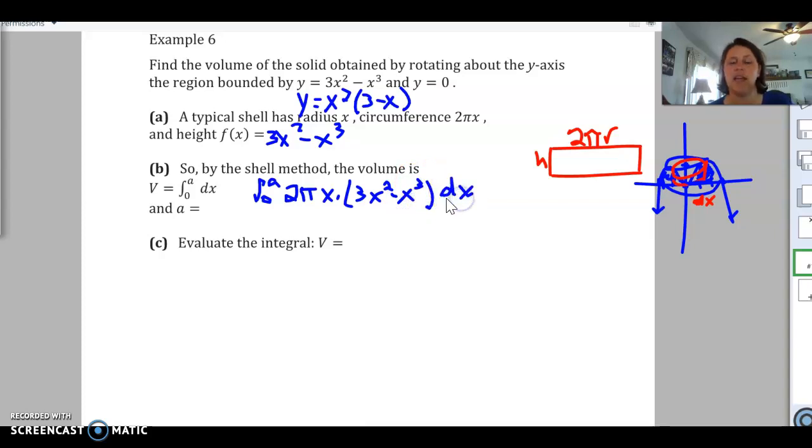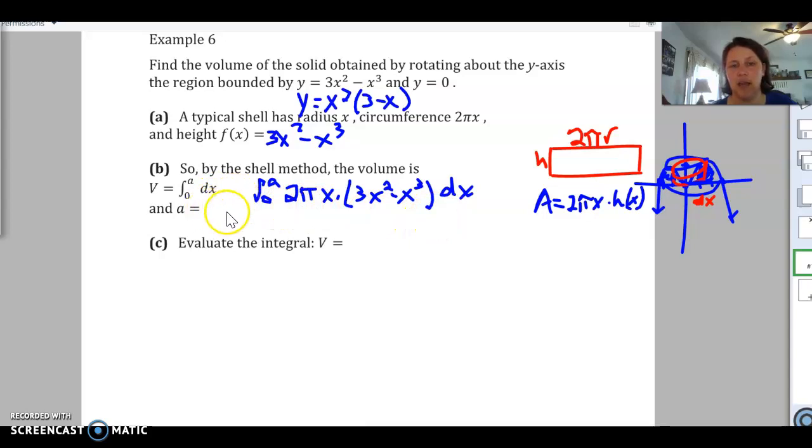The reason is that 2 pi x is the length of my rectangle and this is the height. So my area of one section is equal to 2 pi x times h, which is an equation in terms of x, so we could say h of x. That's what I've put in here.